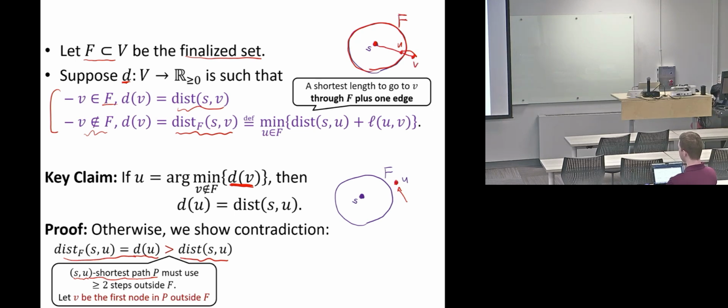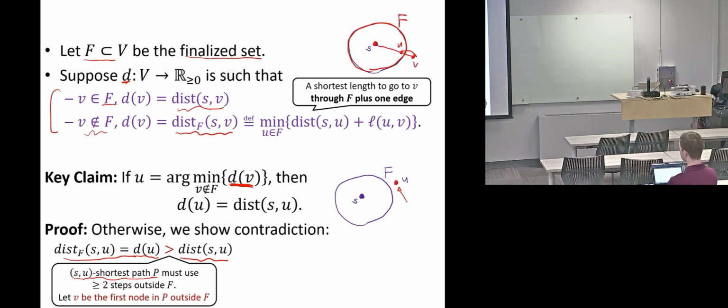My claim is that this guy, U, not finalized but with minimum estimate, already has the real distance. That's the claim. Is the statement clear to you? Yeah, I think so. Okay.